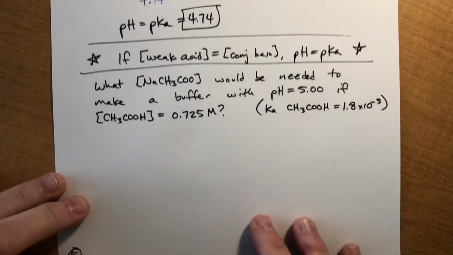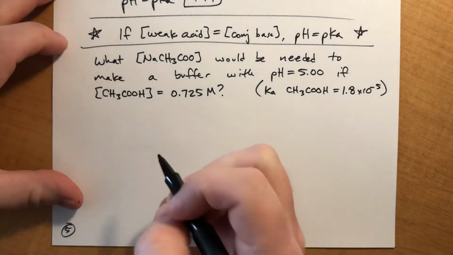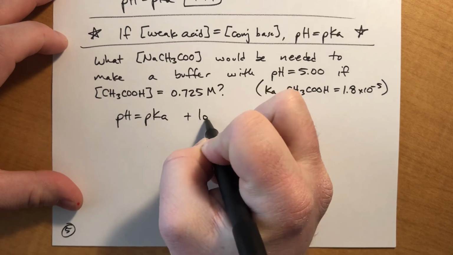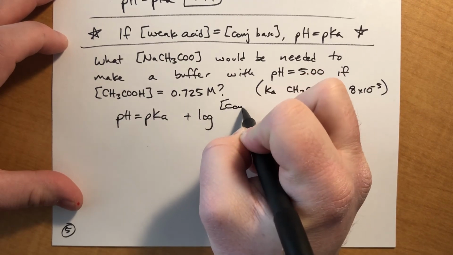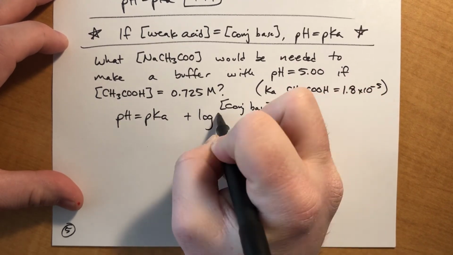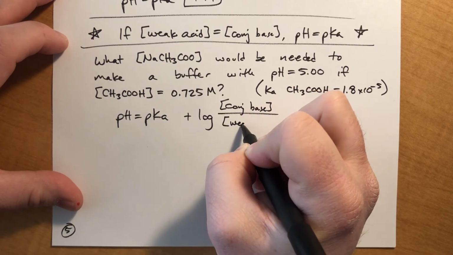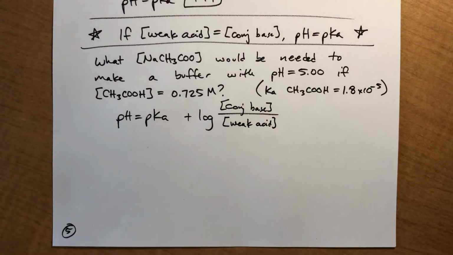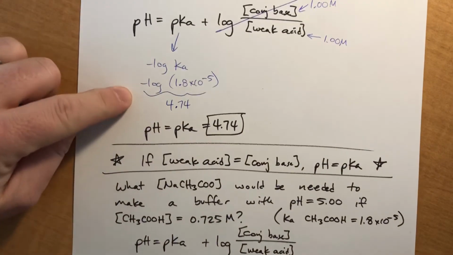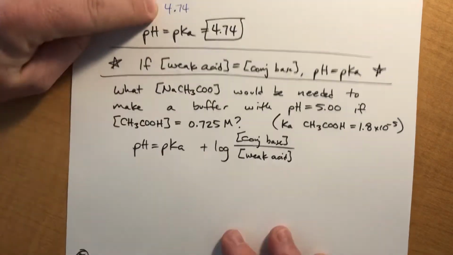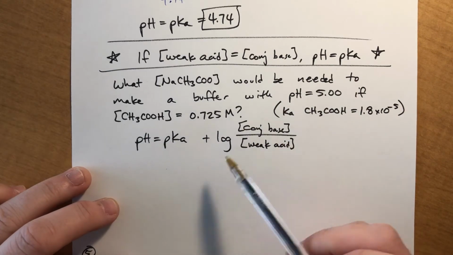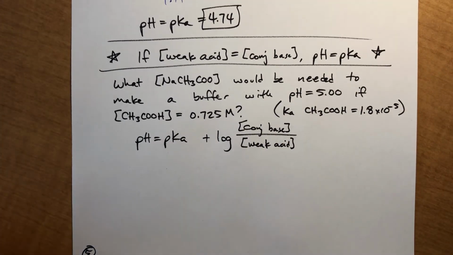So let's plug in our values. pH equals pKa plus the log of the concentration of conjugate base divided by the concentration of weak acid. The pKa is 4.74 and the pH is 5. The hard part on these problems is making sure you know which one is the weak acid and which is the conjugate base.